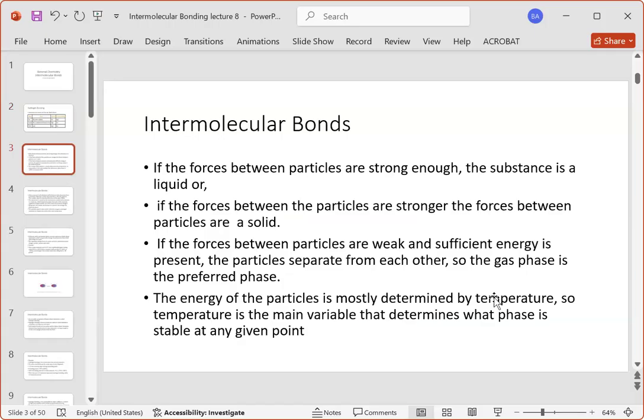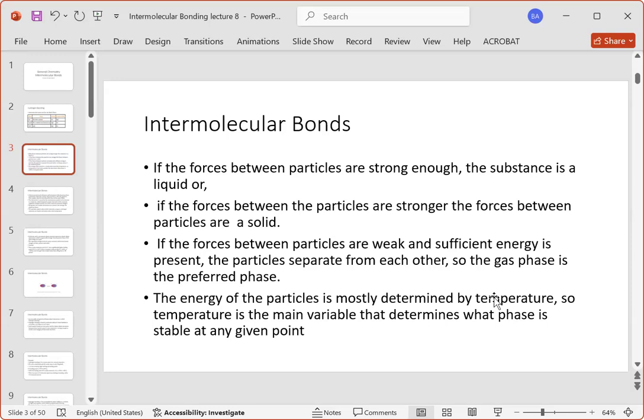If the forces between particles are strong enough, the substance is liquid. If the forces between the particles are stronger, it becomes a solid. If the forces are weak and it has sufficient energy, then all the molecules break off and it becomes a gas.